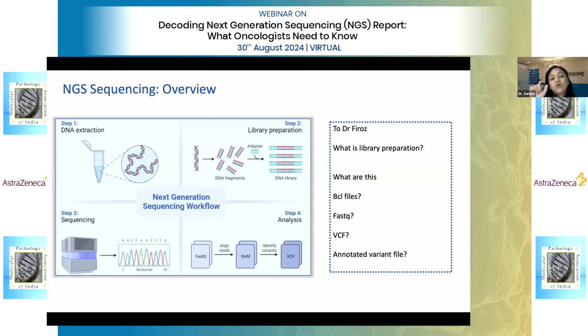When we do fusion detection on RNA, we use exonic probes. Imagine the central dogma: the fusion has happened at the DNA level, some translocation has occurred, and that translocated DNA is now converted to RNA. The introns will be spliced out, so the mRNA formed contains only the exons of gene A and the exons of gene B. Gene A is fused to gene B, and this is the transcript we look at in RNA sequencing.